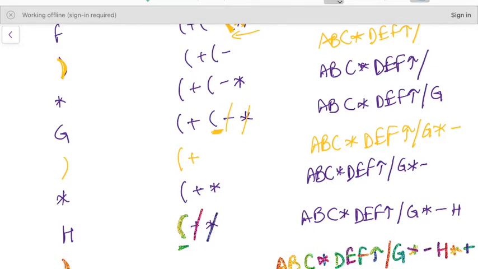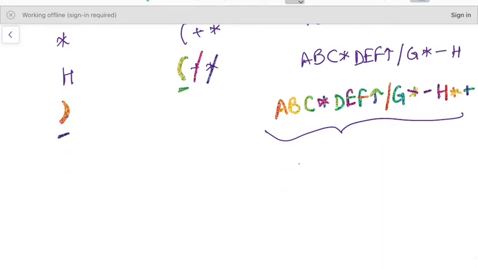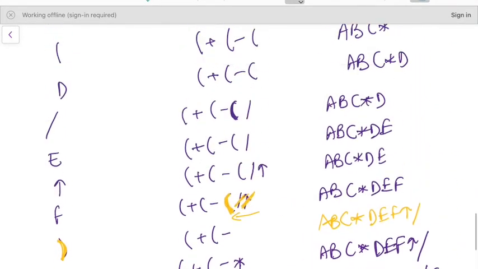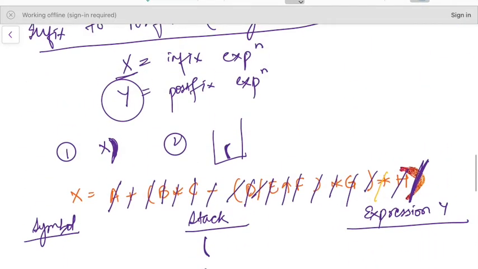This is our final postfix expression that we have got. So this is our postfix expression for this infix expression, right?